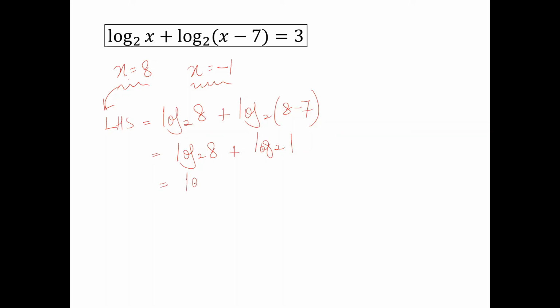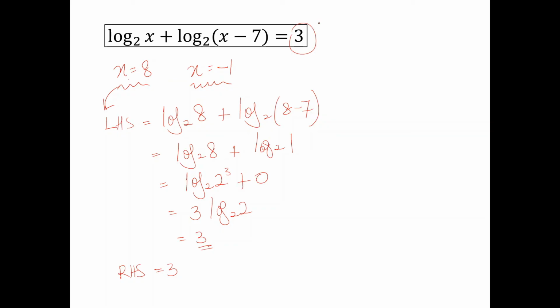So this one is log base 2 of 2 to the power of 3, plus 0 here. So we can have 3 times log 2 base 2. So this one will be 3. And we already know the right hand side is equal to 3.